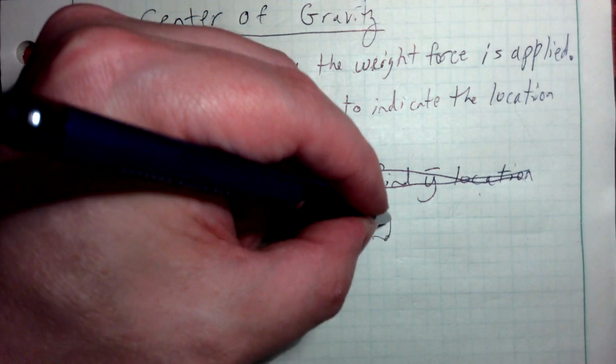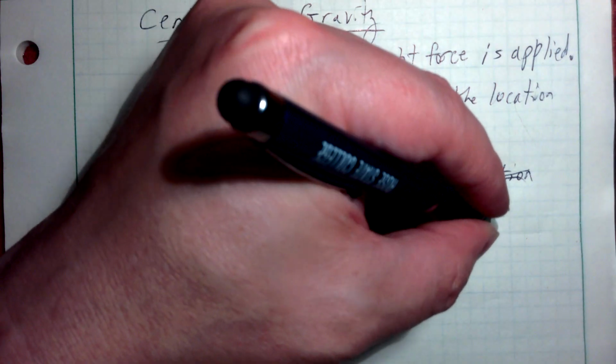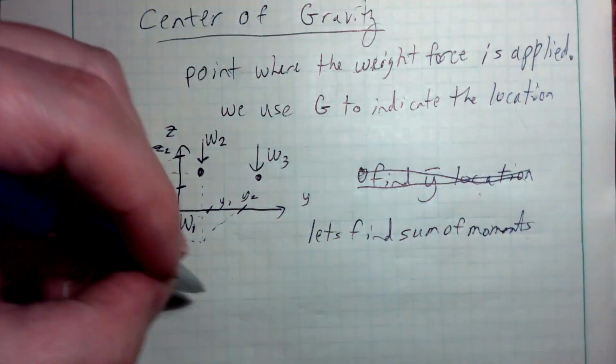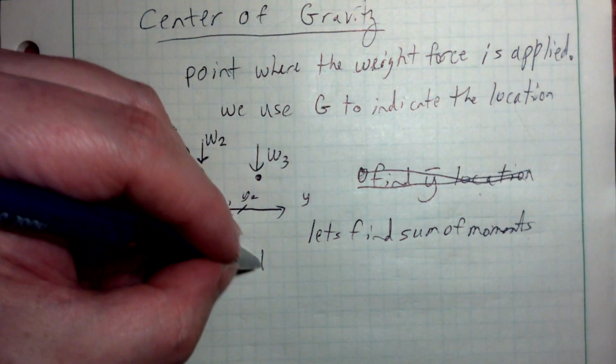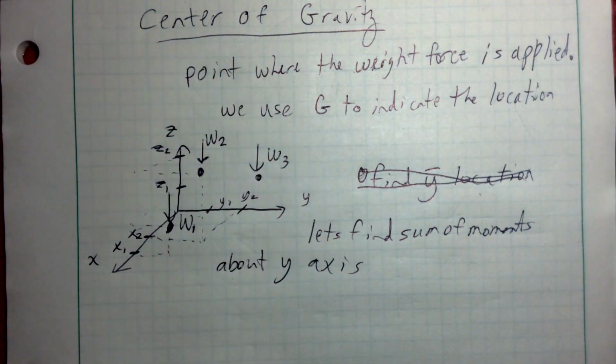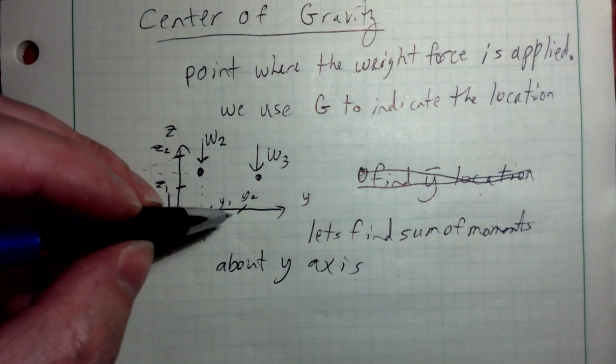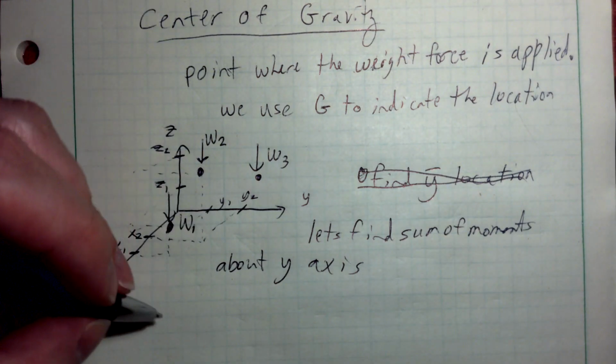Let's find, I misread my notes. Let's find the sum of moments about the y-axis for this system. So I've got a system of forces, a system of weights applied to this quadrant system. Let's find how much moment is actually being applied in the y direction about the y-axis.